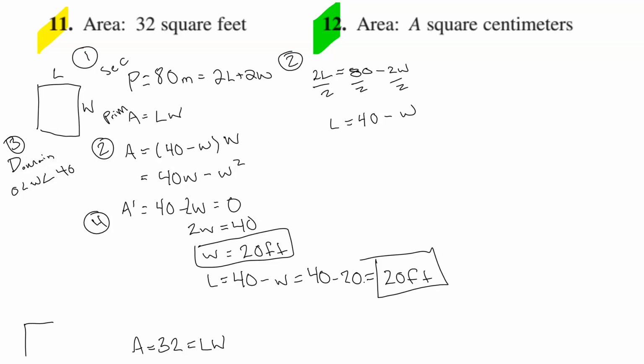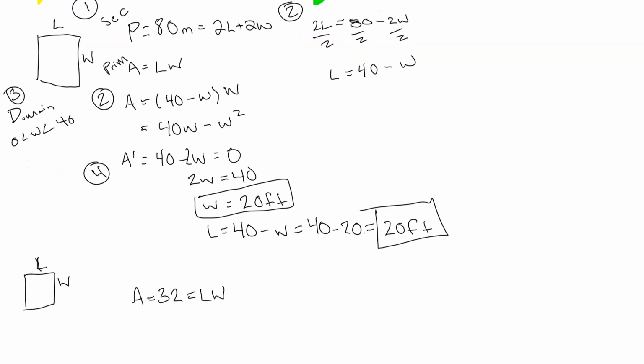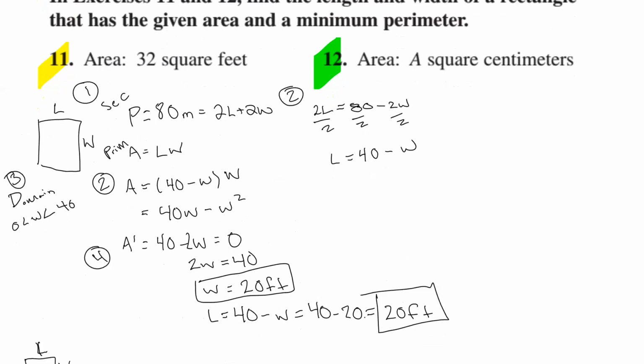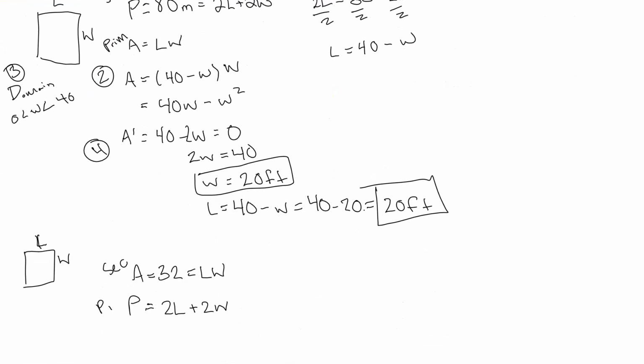So I'll draw us another rectangle. And our perimeter is unknown, but we still know the equation for it. So in this case, we know our constraint is 32 for our area. So that's going to be our secondary equation. What we're trying to minimize here is our perimeter. So that's going to be our primary.